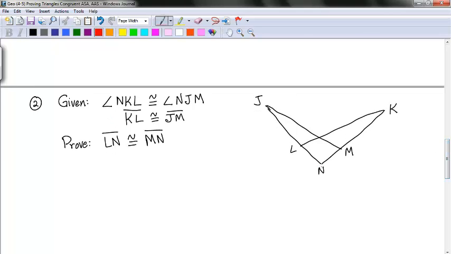Angle NKL is congruent to NJM. Those are congruent, mark them that way. KL is congruent to JM.